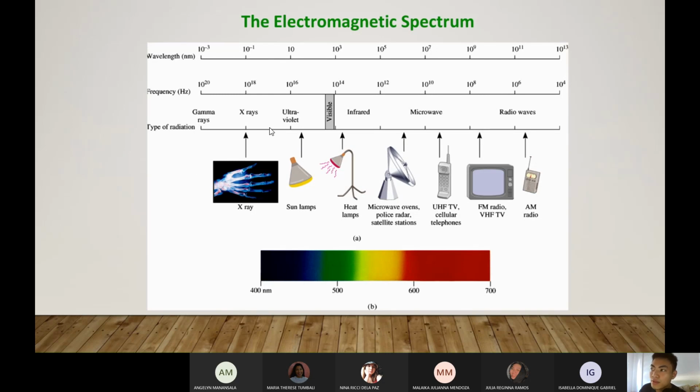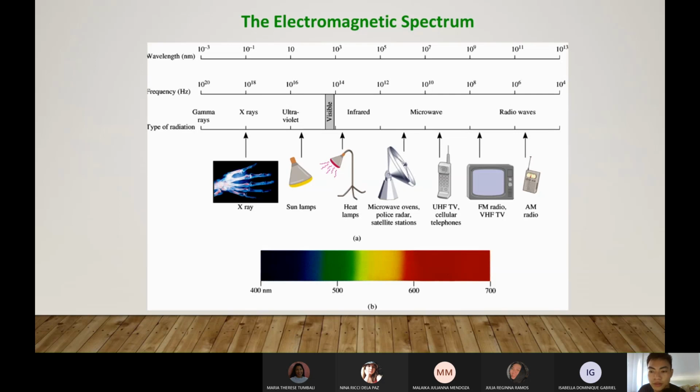Okay. So ultraviolet naman, ito yung nire-release ng araw. X-rays, this is what we use to get our X-ray films. Gamma rays, this is the thing I use in my thesis, no? I use this to carry out chemical reactions. Ayan. Infrared rays, ito yung ginagamit for, hindi ko alam kung naabutan nyo yung cellphone na may infrared light.